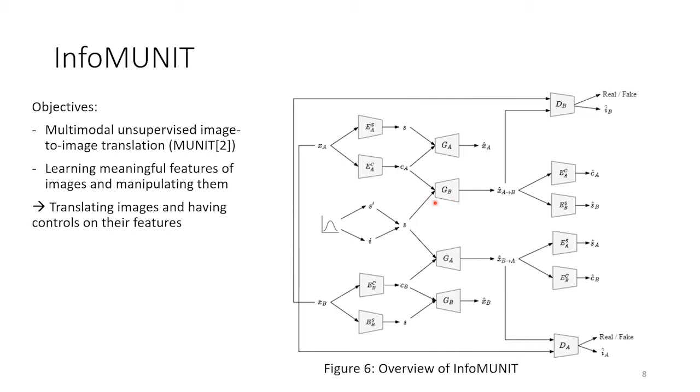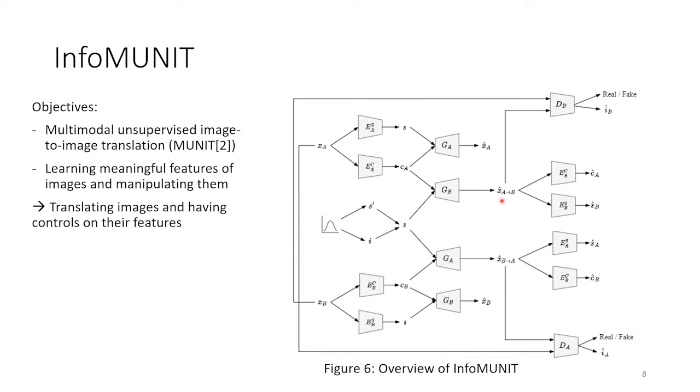So the generator of domain B takes the content of the image A, and it generates an image which has the content of image A, but with a style that looks like it comes from domain B. That's how we translate one image from one domain to another.